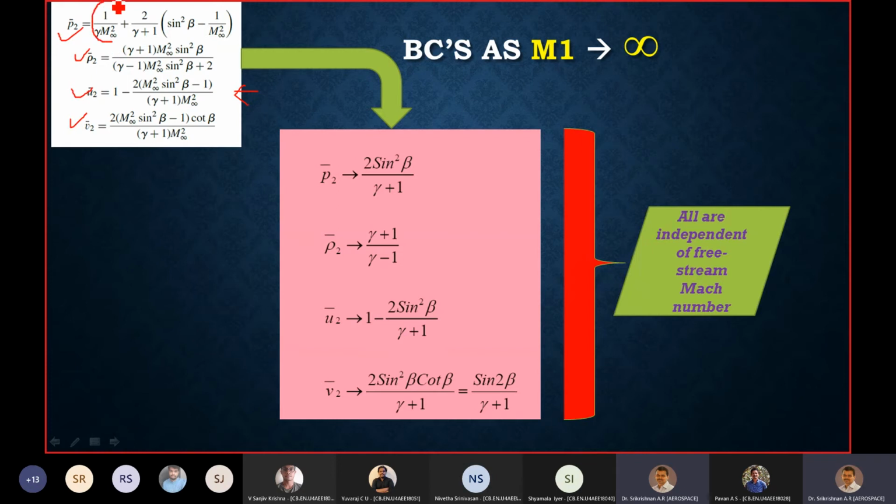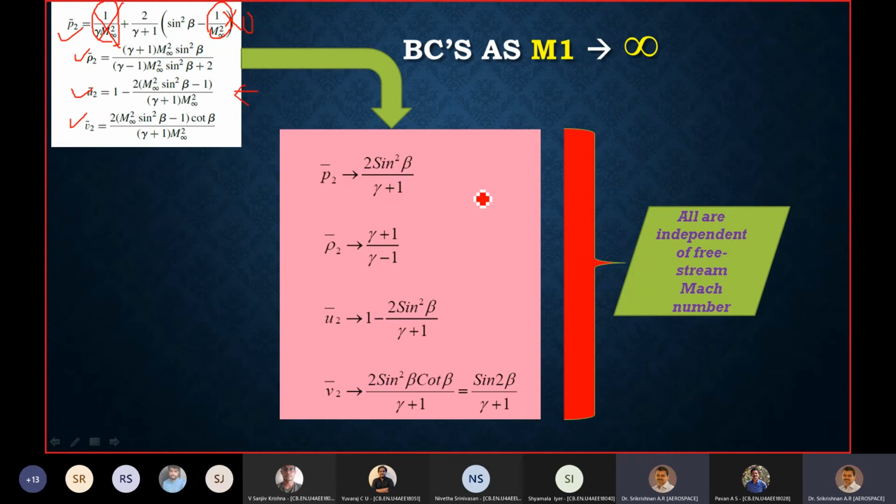The 1 by gamma M infinity squared term will be negligible because M infinity is very high, so this term vanishes. And 1 minus 1 by M infinity squared also becomes 0, because M infinity is very high.